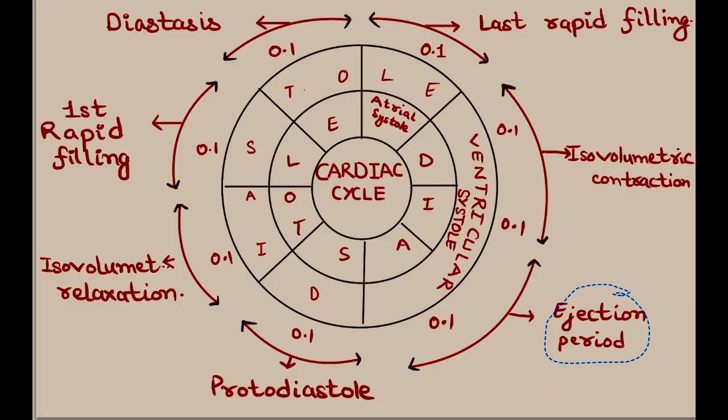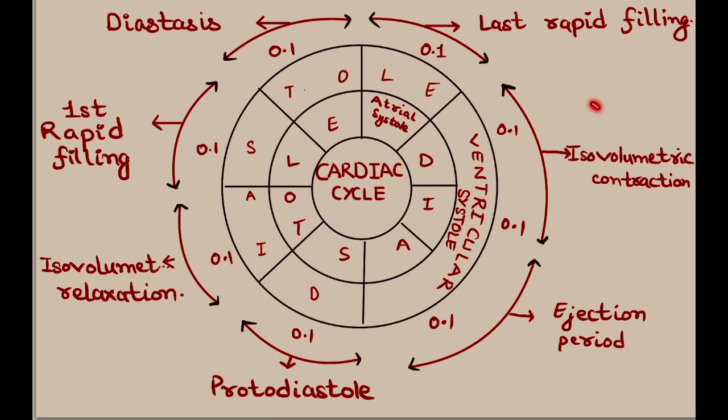So this was the first part. As you can see in this diagram, we have made a circular diagram of the cardiac cycle. So let us study from the atrial syncytium. Here comes the atrial systole. Atrial systole is of 0.1 second, and the remaining 0.7 second is diastole, in which the atria relax and the blood from the whole body enters the atria, and for only 0.1 second the atria contract, and in this atrial contraction the blood from the atria enters the ventricles.